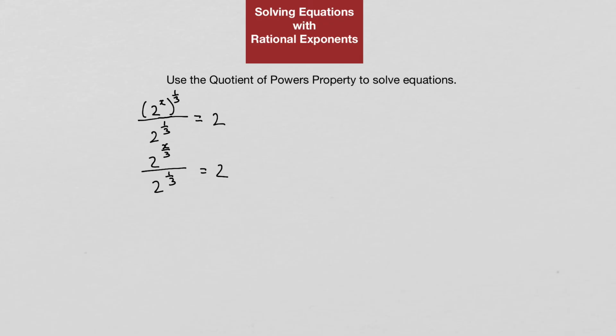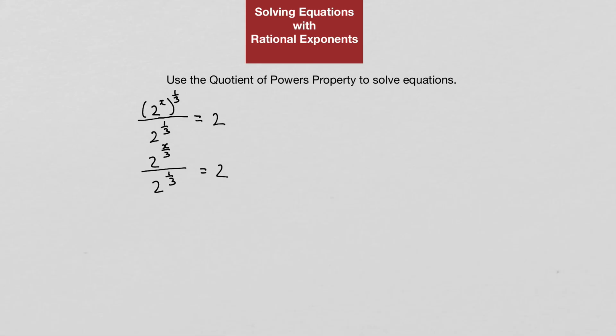Okay, so if we focus in on this fraction here, we notice that both the numerator and the denominator have the same bases. It's a base of 2. So when we have this, we can actually rewrite it utilizing the quotient of powers property, which means that we can actually subtract this power from this power.